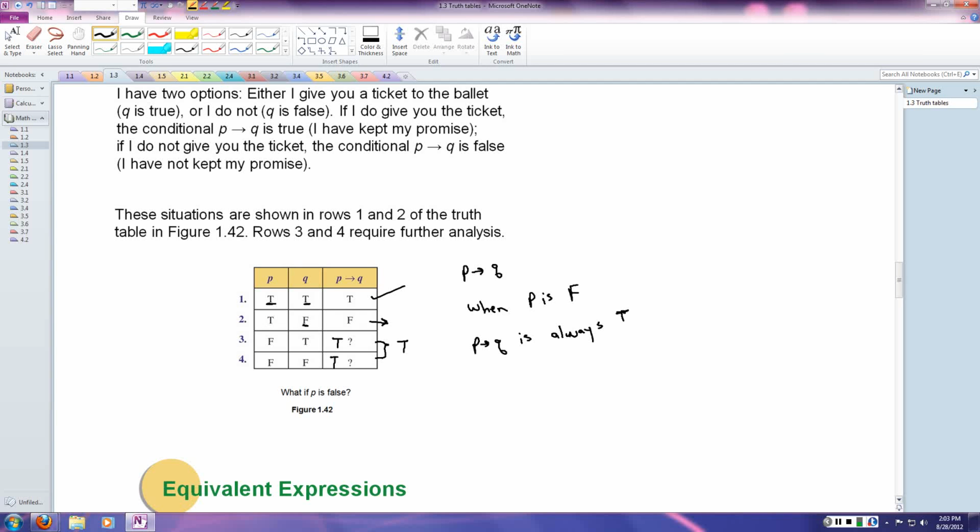So it does not matter what Q is, it's always true. So that's something to keep in mind with conditionals. That if P is false, so here you can see that P is false here and P is false here, then the conditional is still true. It does not matter what Q is.